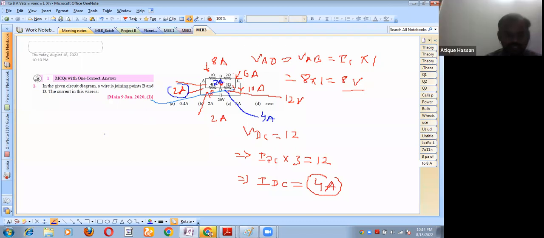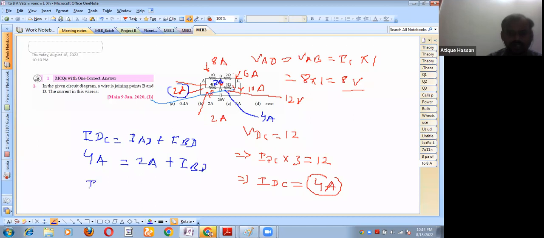I can write it like this: IDC is equal to IAD plus IBD, and we got IDC as 4 ampere, and we already know IAD is 2 ampere. From here we can get IBD. What is IBD? It is 2 ampere.